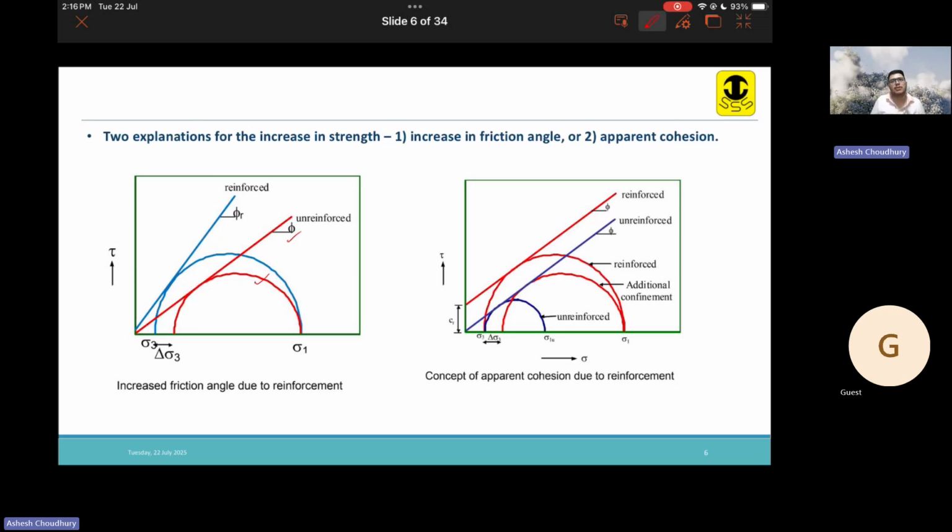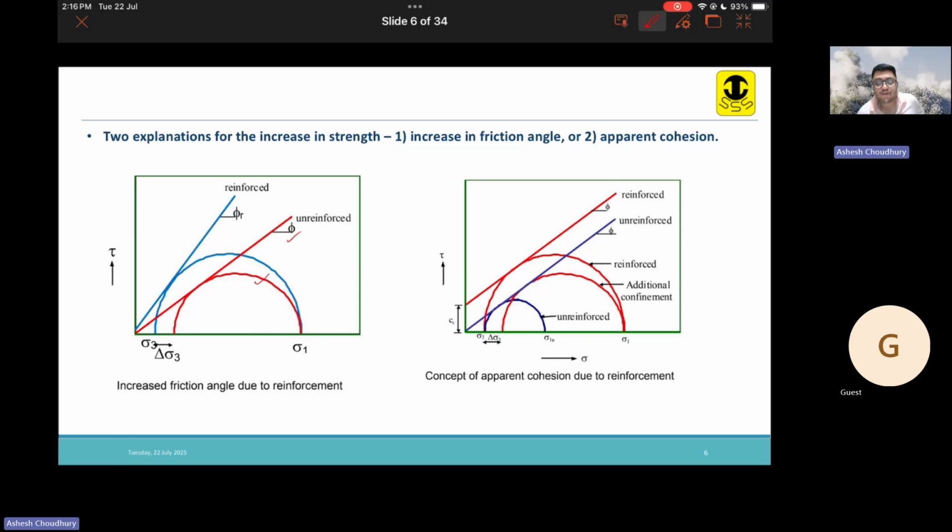Say the unreinforced soil at 50 kPa confining stress, sigma 3, is failing at a major principal stress, sigma 1, of 100 kPa.